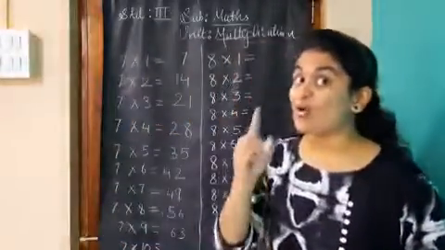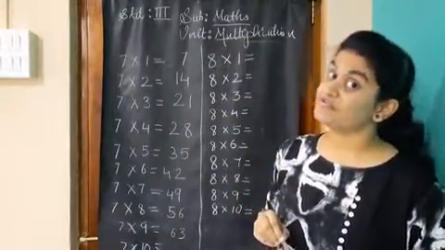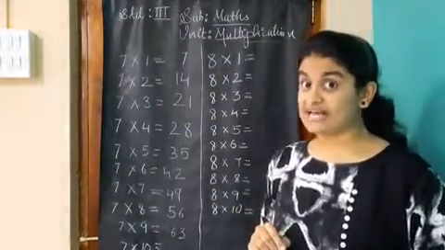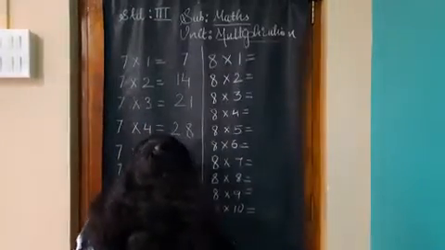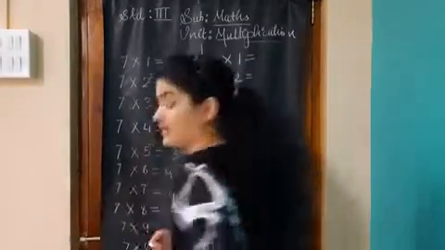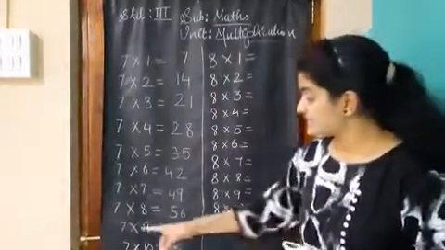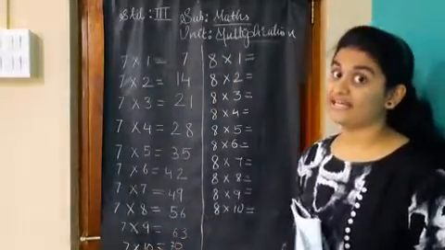And tell me what is 7 tens are? Very good. 7 tens is 70, right? Understood? 7 tens is 70.